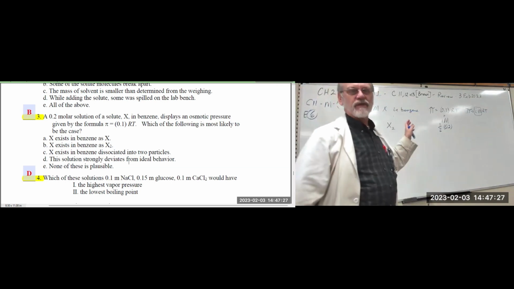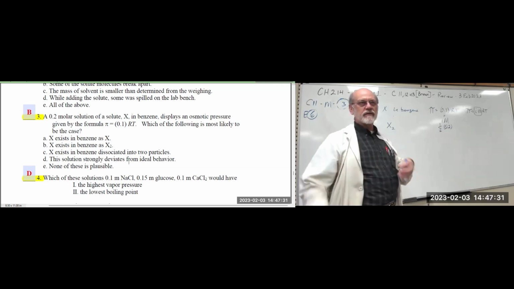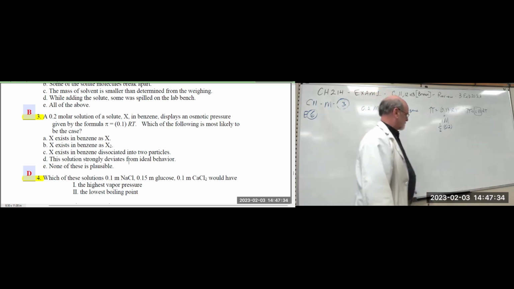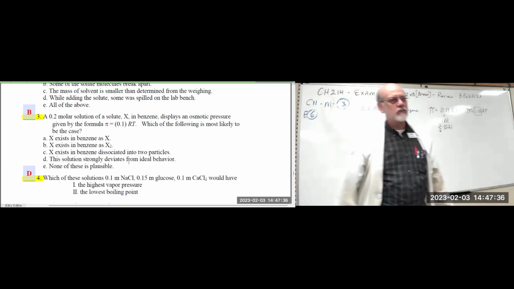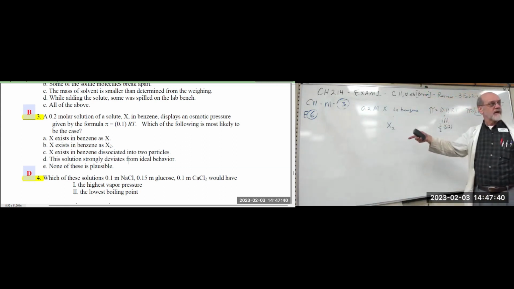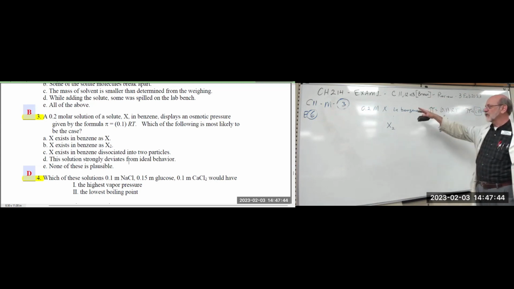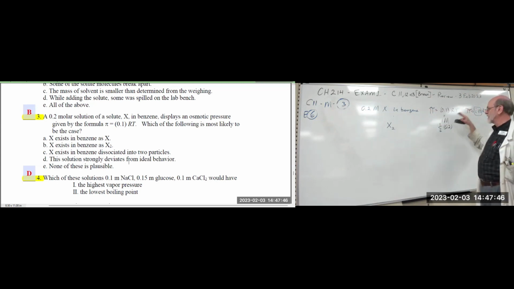That was kind of tricky, I thought, because we've only studied things that dissociate, not clump together. I mean, we've looked at ion pairing, but we don't even know what X is. All we know is this evidence. If it's 0.2 molar that way, then this way it has to be half of that.